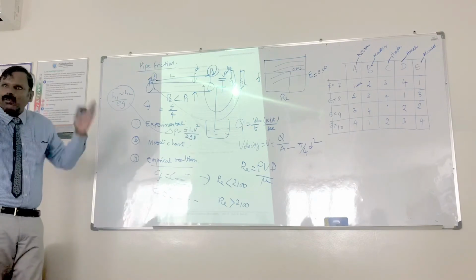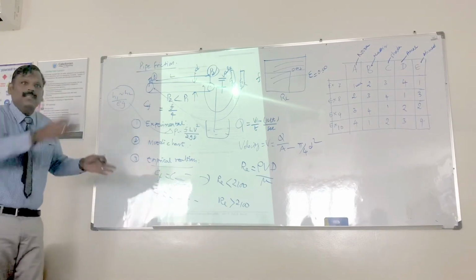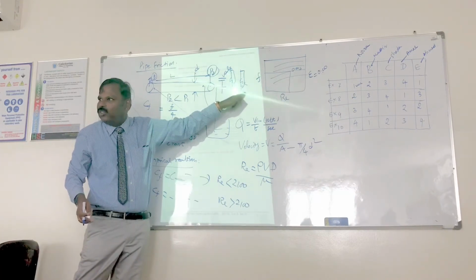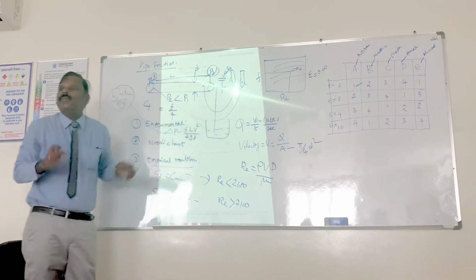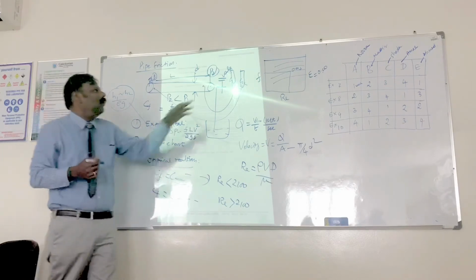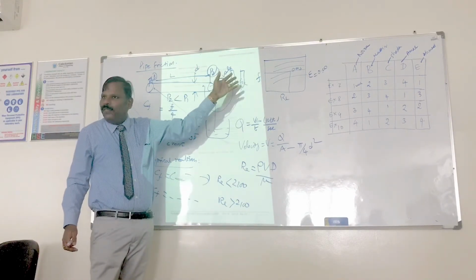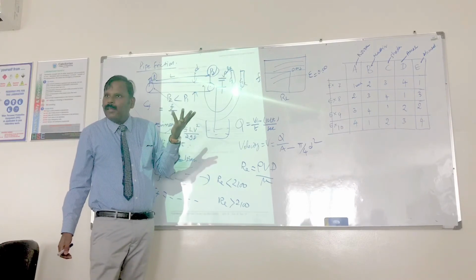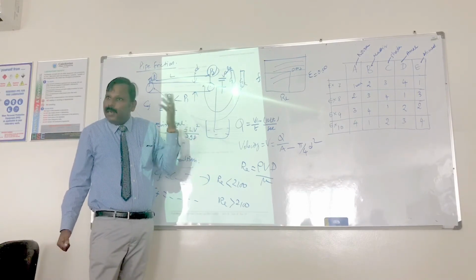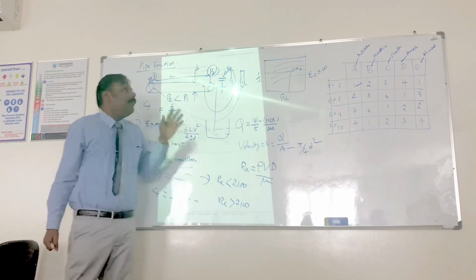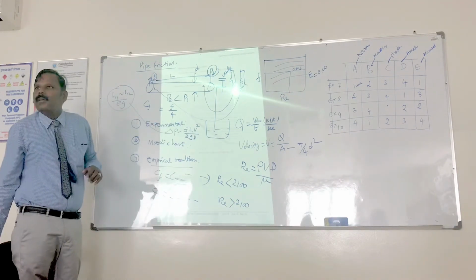I have the two limbs, H1 and H2. You are taking the readings H1 and H2. You know the two pipes there? The difference is my H. That you convert into meters. H into 10 power minus 3 will be in meters. Divided by rho g will be delta P.